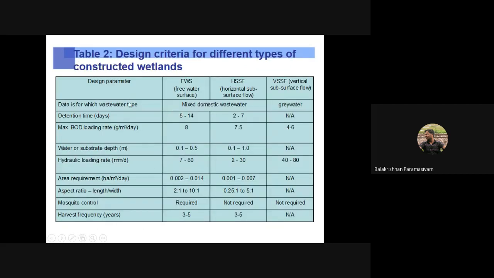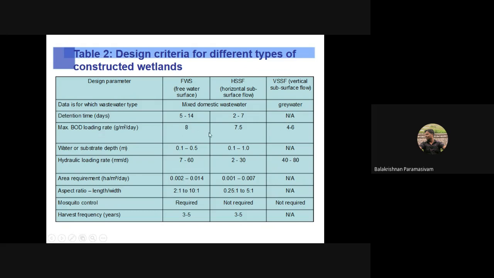Okay, then design criteria. So for free surface water, horizontal subsurface flow and vertical subsurface flow. The detention time here, if you see, is 5 to 14 days, but in case of horizontal 2 to 7, but here it's not applicable because water is going in the vertical direction.